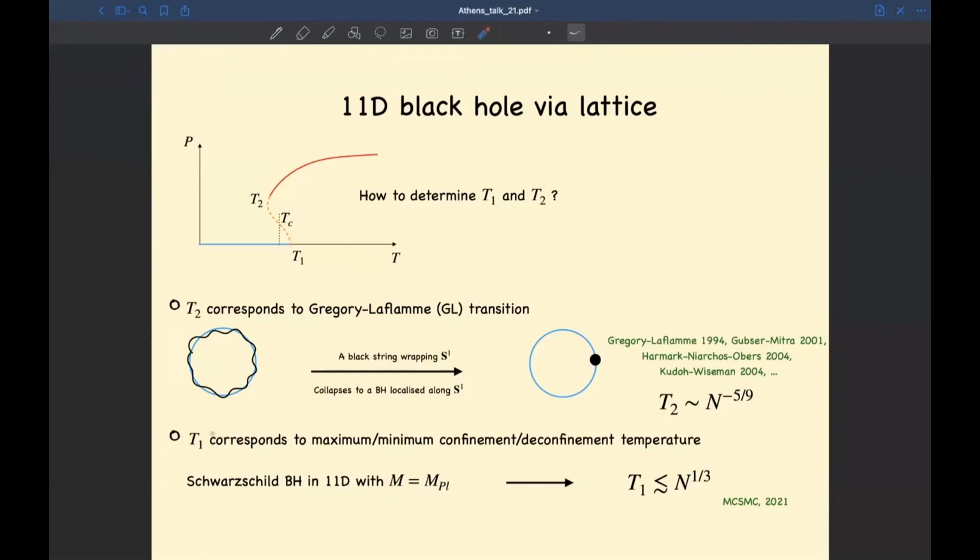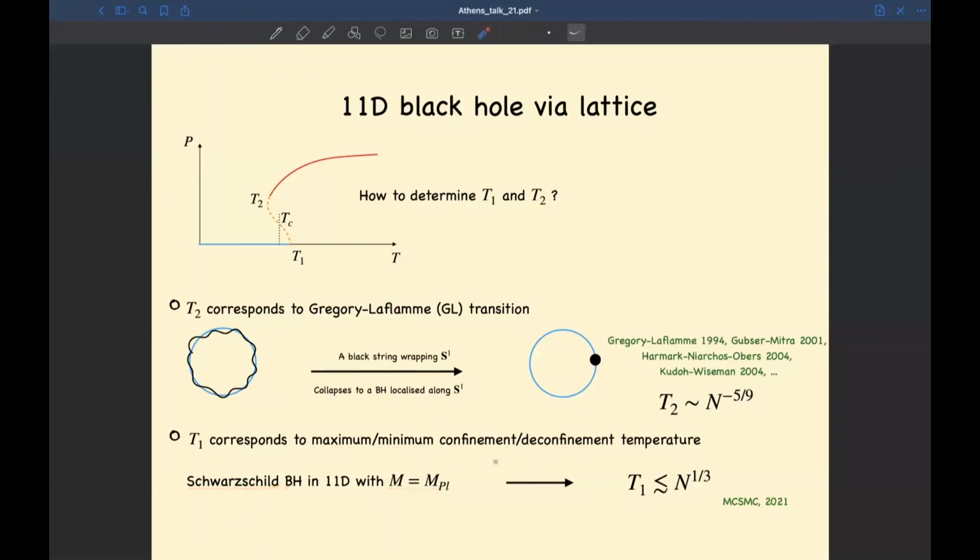On the other hand, T1 corresponds to the maximum confinement or minimum deconfinement temperature. In order to get a rough estimate of this, what we did was to consider a Schwarzschild black hole in the 11-dimensional case and consider its mass to be the Planck mass.